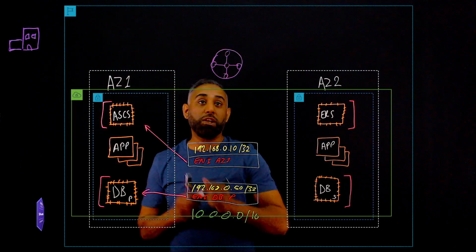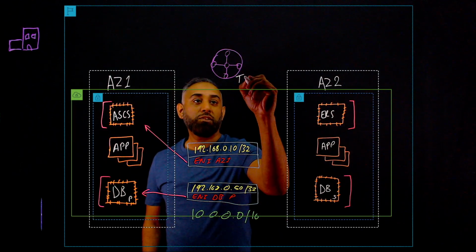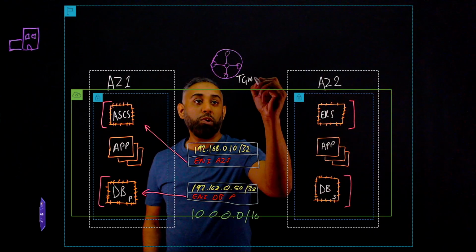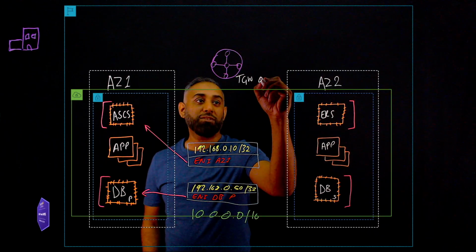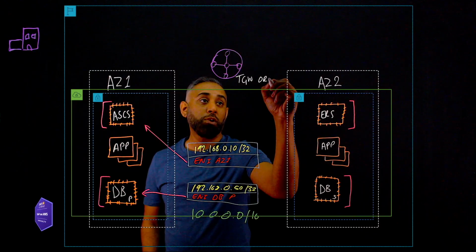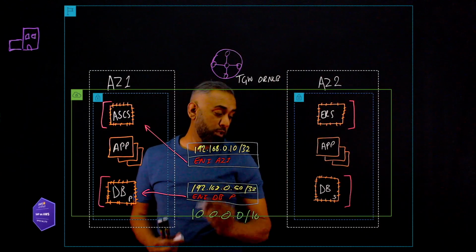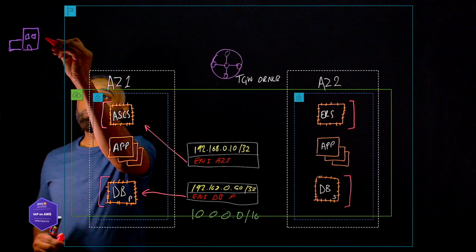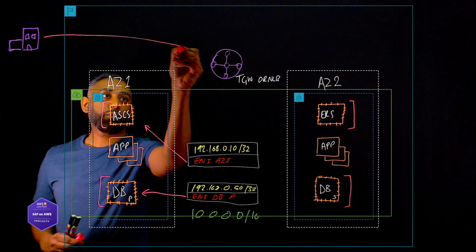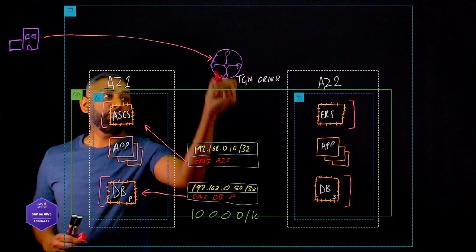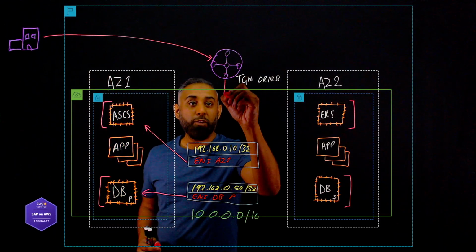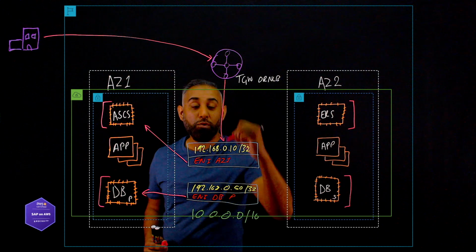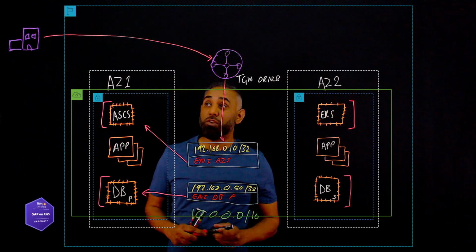So let's just draw that in. TGW or a network load balancer. This is obviously a TGW, NLB. Okay, so traffic is then coming from on-prem to our transit gateway and then being routed to our route table in this scenario.